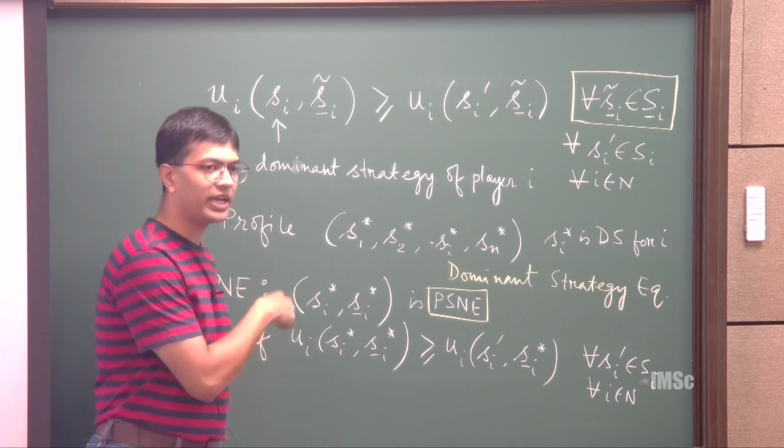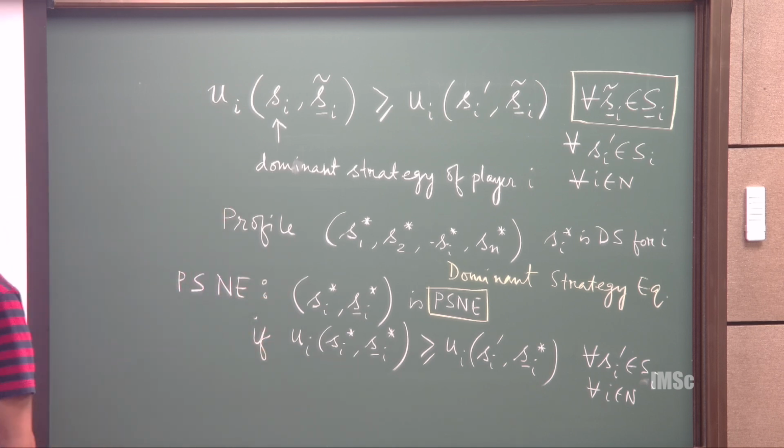So can you draw a connection between these? A dominant strategy equilibrium is always a Nash equilibrium. Why? Because it is for any general S minus I, but in the PSNE we have the specific S minus I star. Does everyone agree with that? A dominant strategy equilibrium is claiming something much more than PSNE.